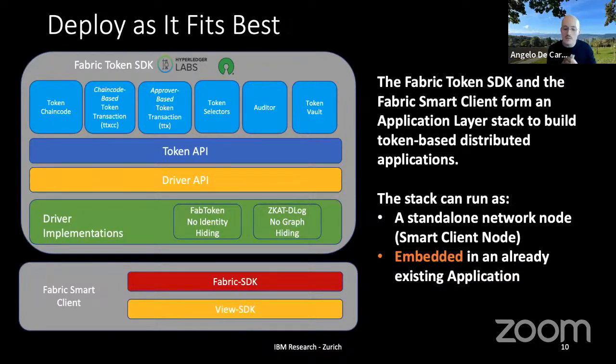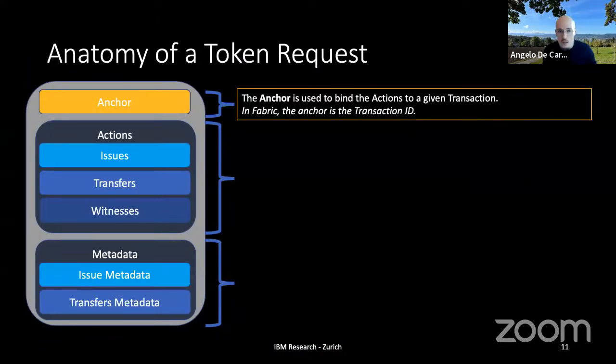how we achieve this decoupling of the actual implementation of the token, so the details about the zero knowledge proof or any other technology that you want to use, and the token API, the way we talk about tokens in the context of the token SDK. So we have a data structure in the token SDK that is called the token request.